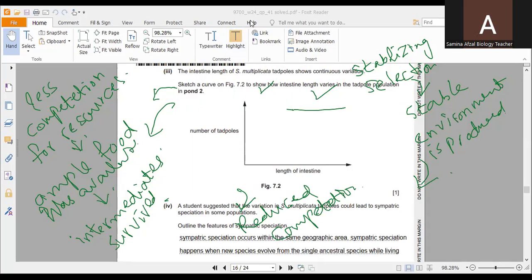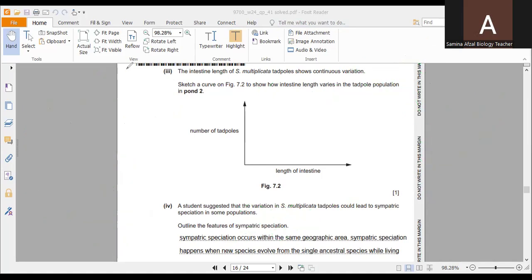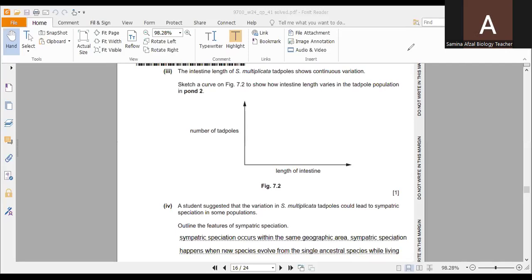The intestine length of S. multiplicata tadpoles shows continuous variations. Continuous variations means traits that vary gradually over a range of values.